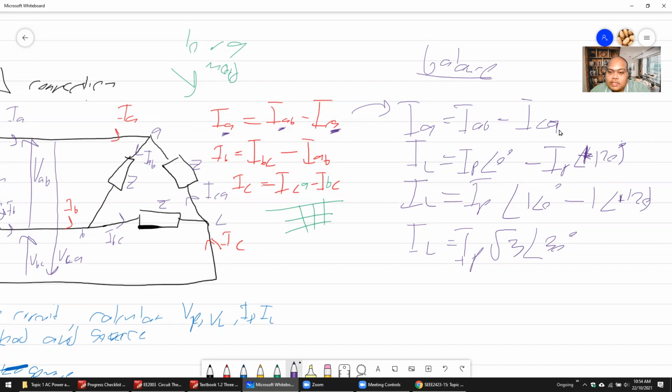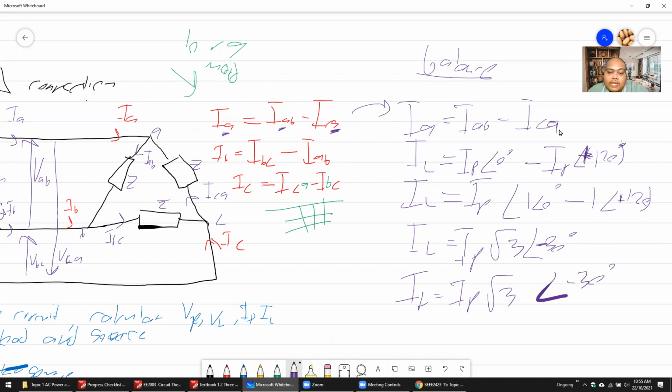Okay, this one is negative 30. So IL is basically IP square root of 3 angle negative 30 degrees. So be careful, eh?